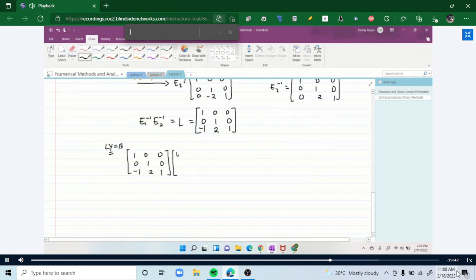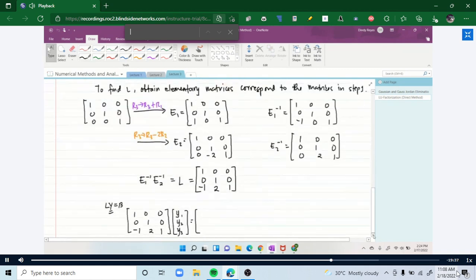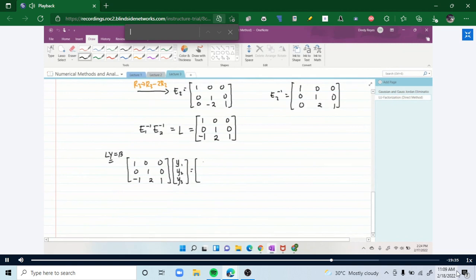And then Y would be the matrix of Y sub 1, Y sub 2, Y sub 3. And then B would be the matrix of the right-hand side constants that contains 1, 2, negative 2. Okay, and then multiply the matrix on the left side.